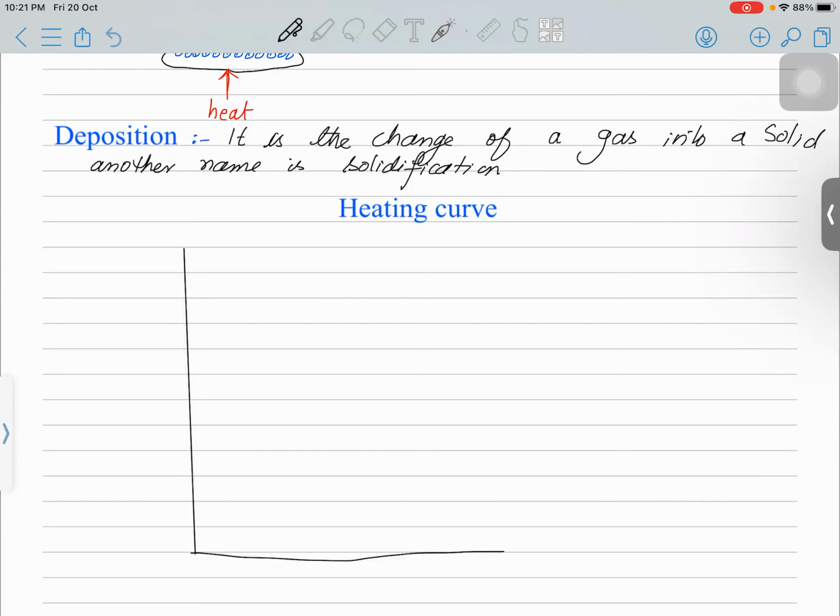Look at the graph. On the y-axis, you have temperature in degree centigrade, and on the x-axis we have time in seconds.